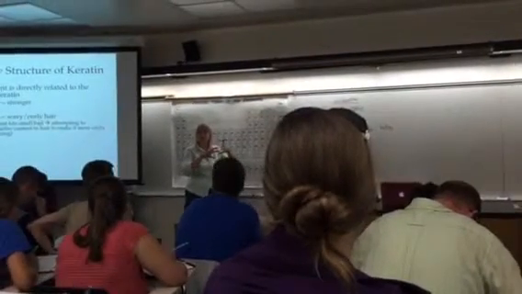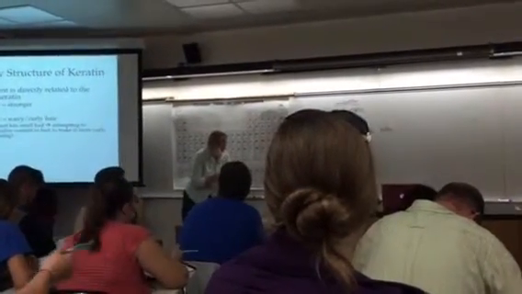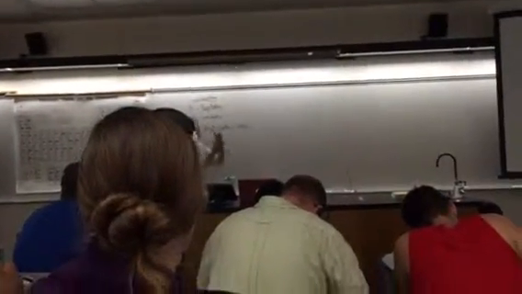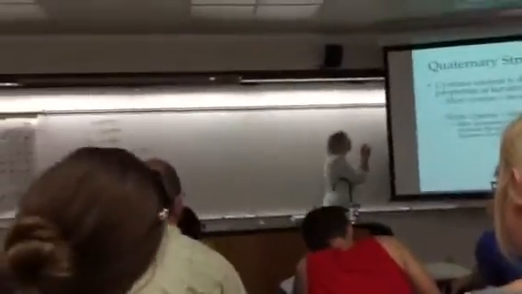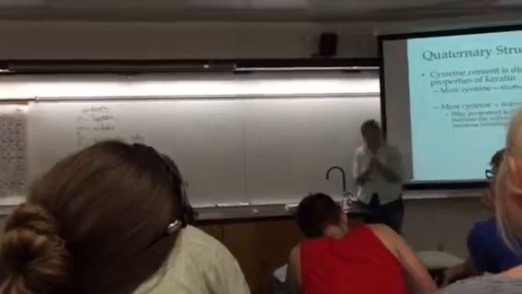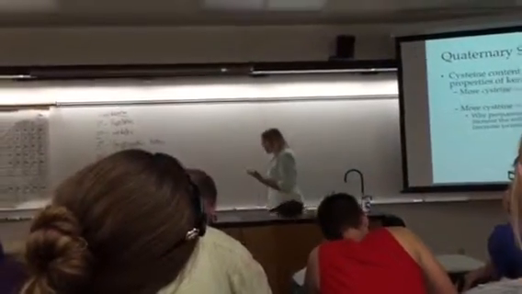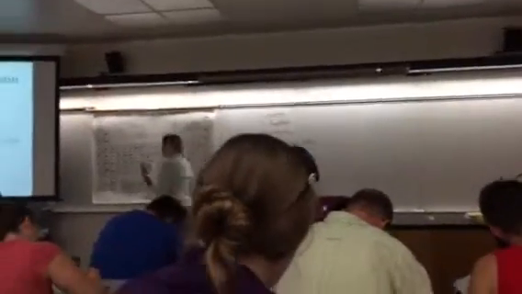More stable, less stable? Stronger, more stable. Okay? Because you assume that the more cysteines you have, the more what you have? Disulfide. Because you link those 2 coiled coils, those 2 alpha helices together, even more. Okay? So that's why, and again, the more that you have, you get more alpha helices.